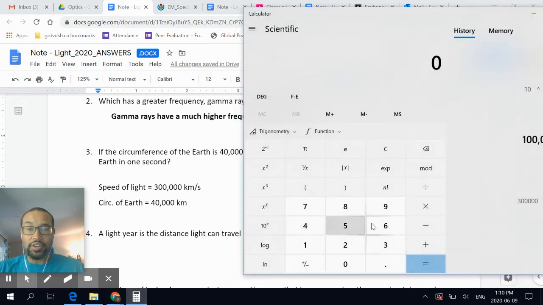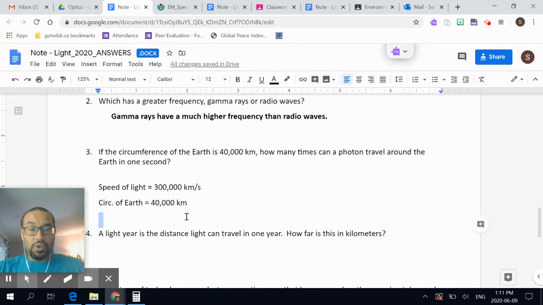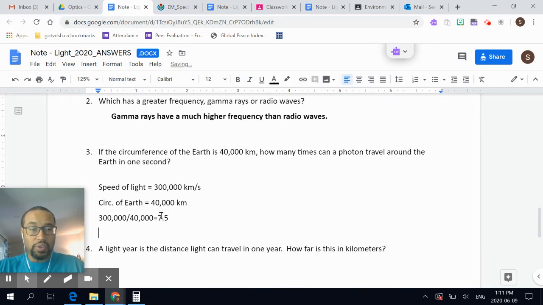I'm going to bring up my calculator here. We're going to take 300,000 and divide that by the circumference of the Earth, 40,000, and that gives us 7.5. So 300,000 divided by 40,000 equals 7.5.